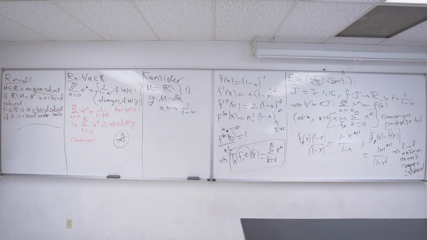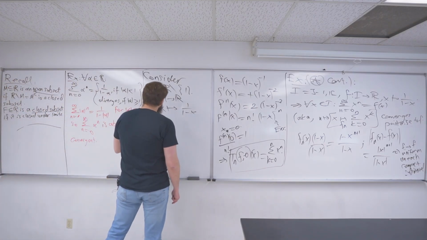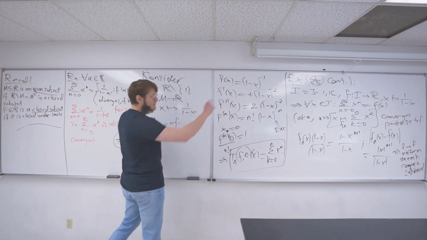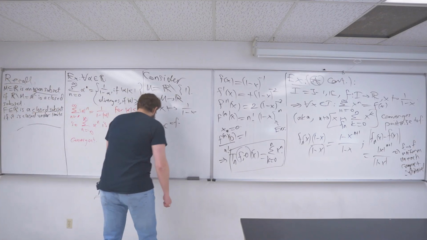to be the function that takes an x and sends it to 1 over 1 minus x on this whole set M. Okay. Now, M is not an interval. It's not an open interval, but it's the union of two open intervals, if you want. And we have that G restricted to minus 1, 1 is that function. Okay. So maybe I should write it.